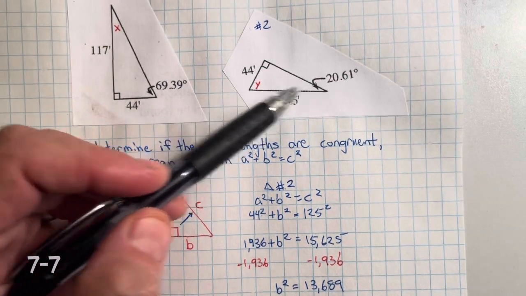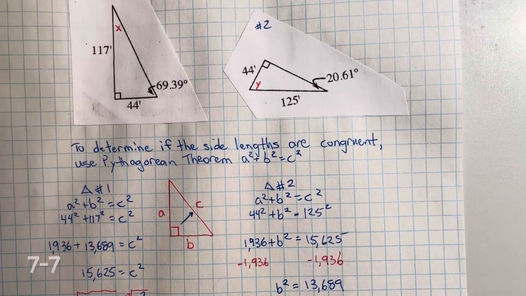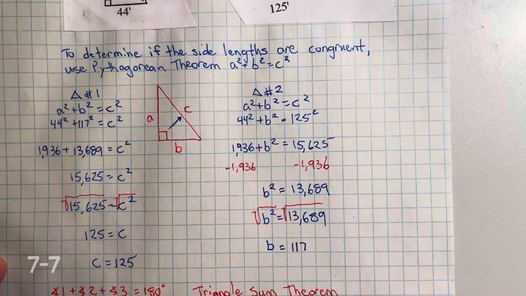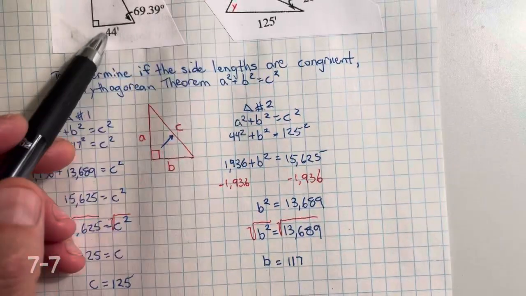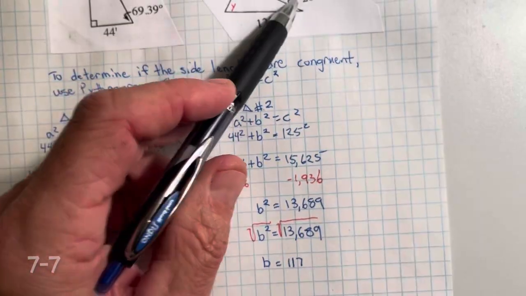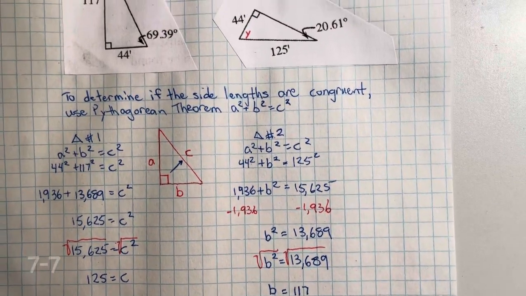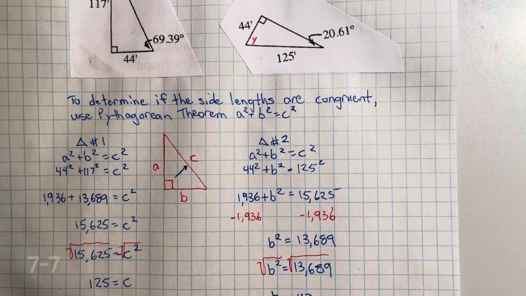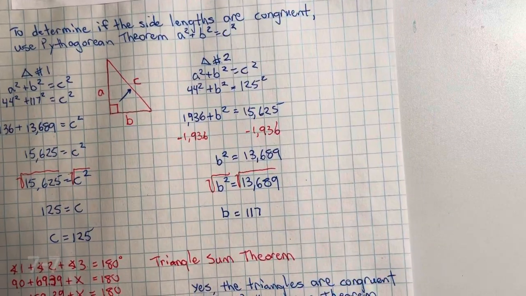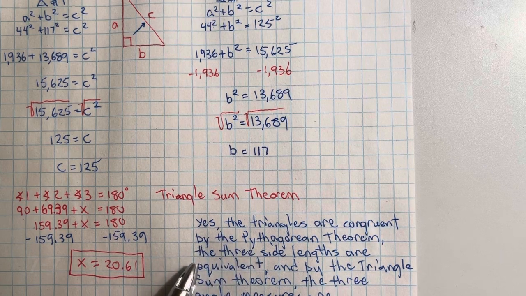If you know that these two are the same, the third one has to be the same. And so if we added 69.39 plus 20.61 plus 90, you get 180. So the triangles are congruent by the Pythagorean theorem.